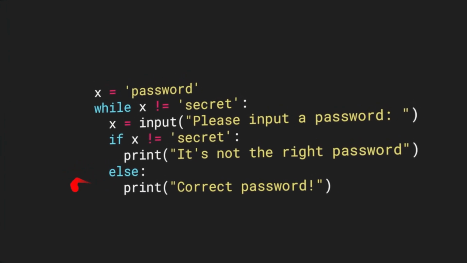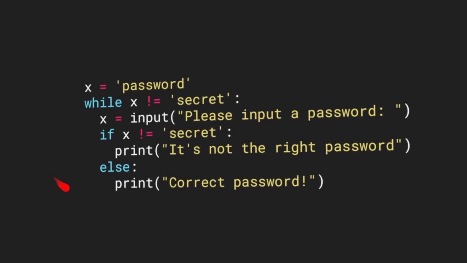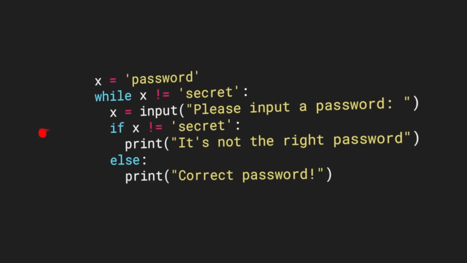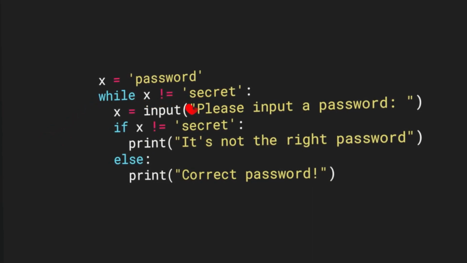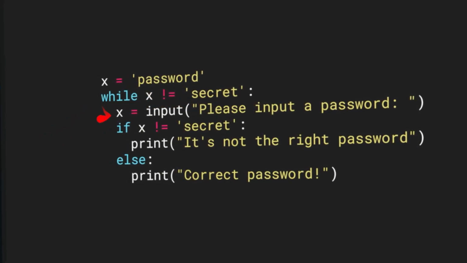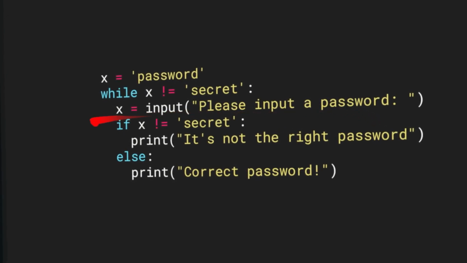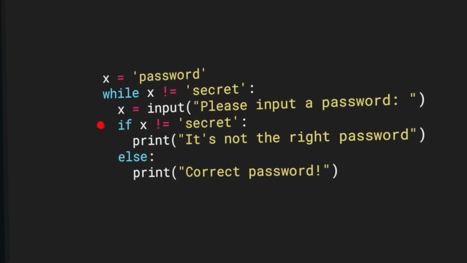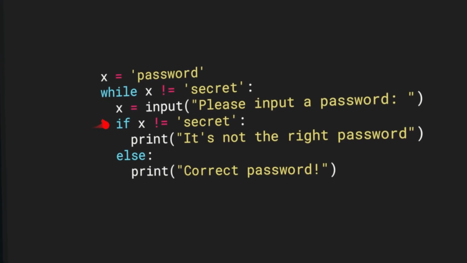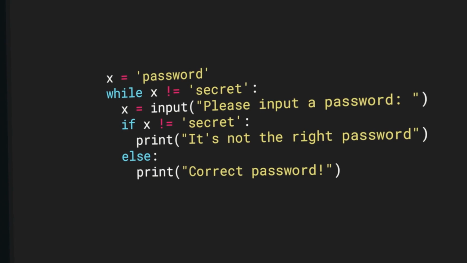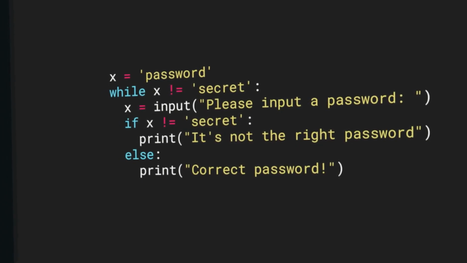Because once you have secret does not equal secret, the evaluation is now false, and you end up with the condition of while false, which means the loop will end. x equals input would set the value to change it. And x does not equal secret is the text we're going to output every time the user provides us the wrong password. Does that make sense?